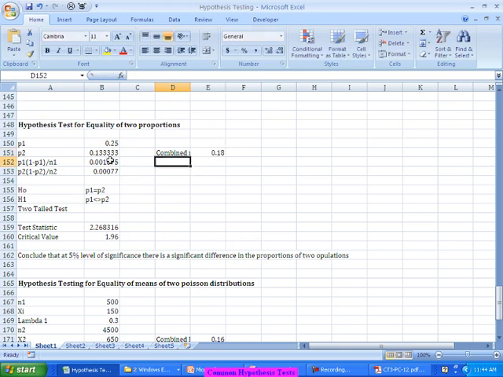So p into 1 minus p by n1, with n1 being 100, and p into 1 minus p by n2.